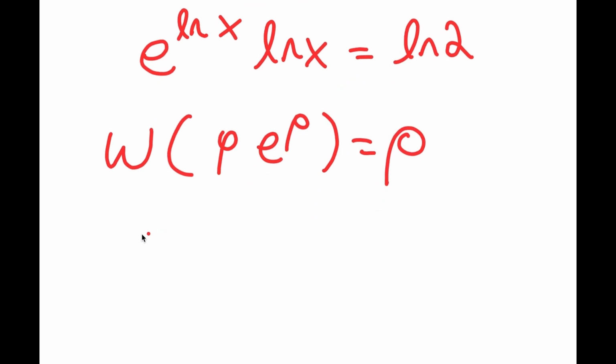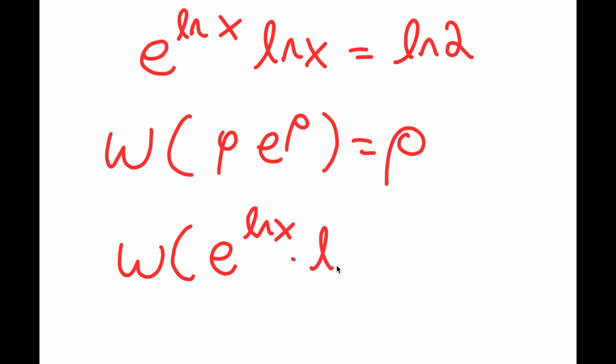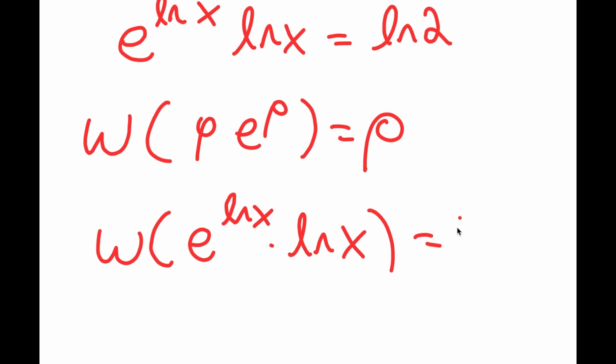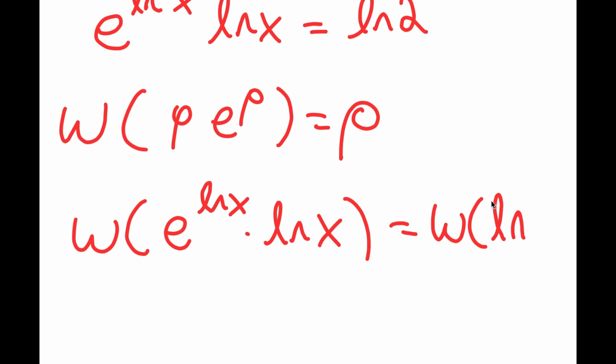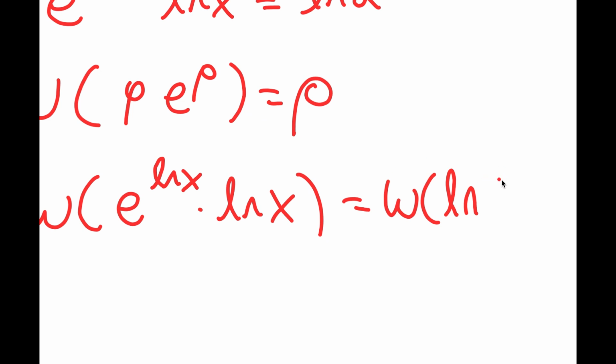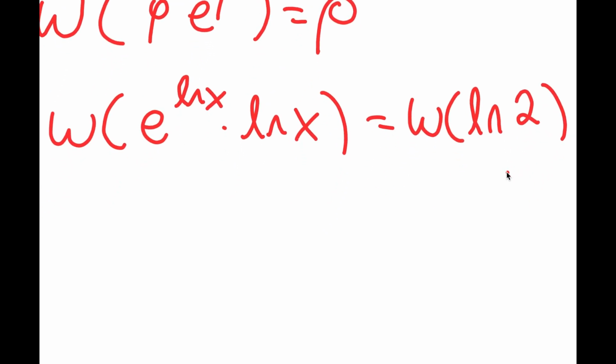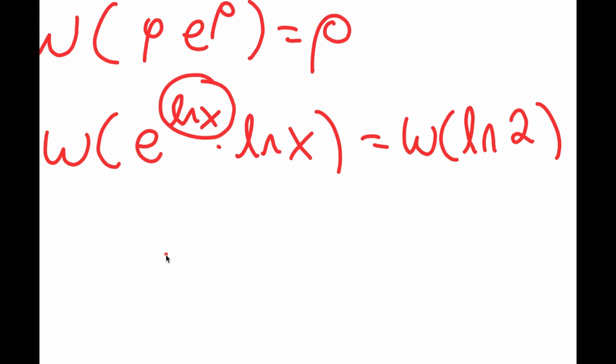So in this case, I'm taking the W of e to the power of ln x times ln x, and what I do on one side, I have to do on the other side, so this is the same thing for my right-hand side as W of ln 2. And now from here, all I'm left with is ln x. So I'm left with ln x is equal to W of ln 2.